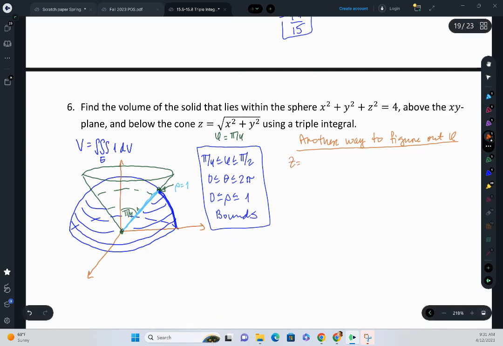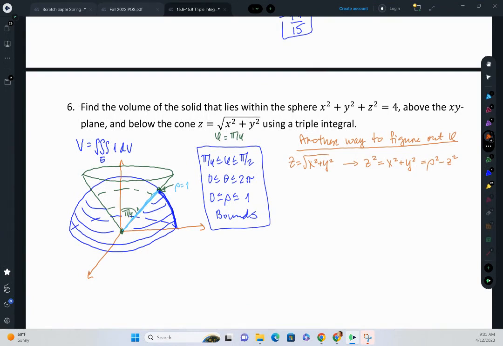So if we have z is equal to the square root of x squared plus y squared, then we can square both sides and have z squared is equal to x squared plus y squared. We stated even in the previous problem that x squared plus y squared can be rewritten as rho squared minus z squared.